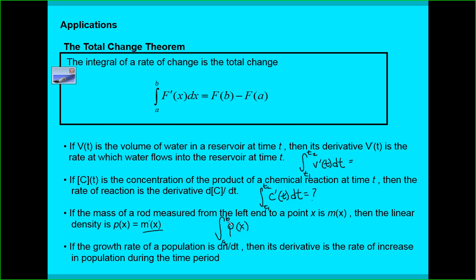If the growth rate of a population is dn dt, then its derivative is the rate of increase in the population during the time period. So what would the integral from t sub 1 to t sub 2 of our dn dt represent?